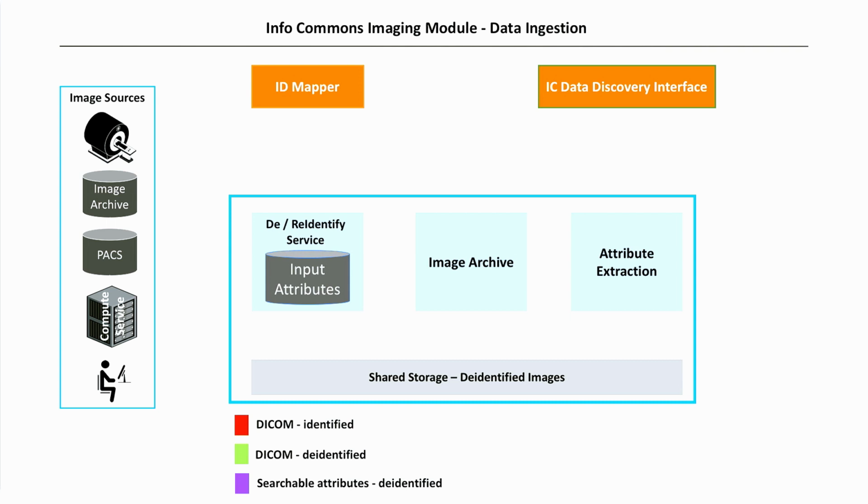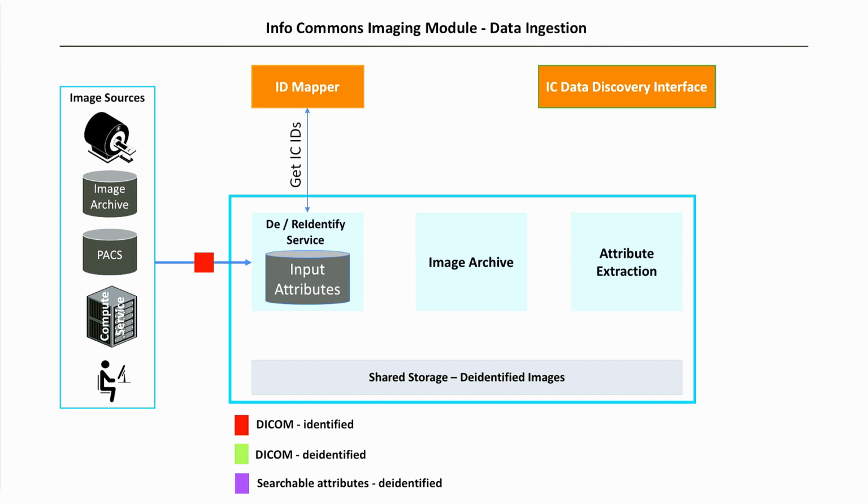A little more detail on the imaging pipeline. We're getting data from different data sources. This can be clinical scanners, research archives, or clinical PACS, and so on. These generate DICOM images, DICOM is the standard data format for medical images in the industry. These come in, go through a de-identification service.